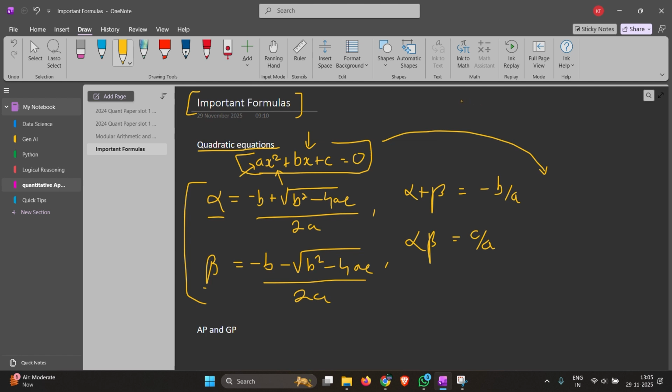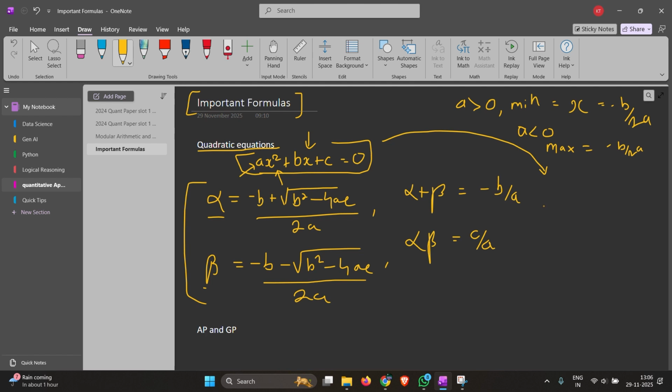If a is greater than 0, then we have the minimum value of this equation at x equals minus b upon 2a, and if a is less than 0, we have the maximum value at the same location, minus b upon 2a.